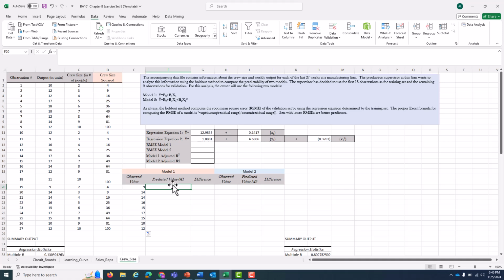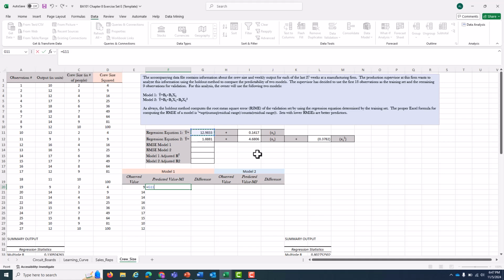Well, to do that, we can go through and we can just plug each one of those crew sizes into model 1. So over here, for model 1's first predicted value, I'm going to say that it's equal to this constant we have over here in cell G11.